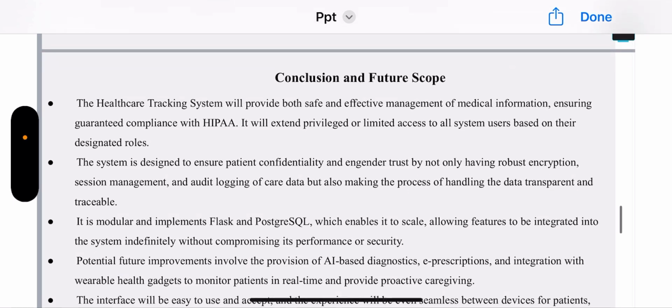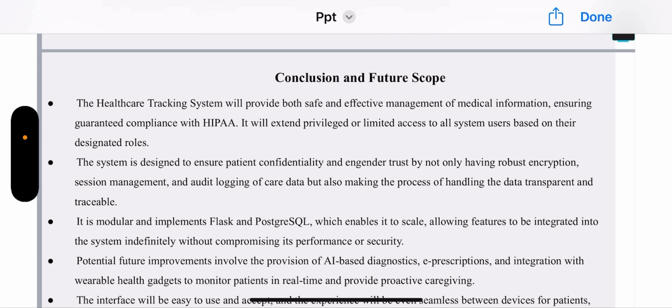And also the conclusion and future scope. They need to have some better advancement in that. The present advancement is very good, but they need some more advancement in the health tracking system, and they need very specific authentications.